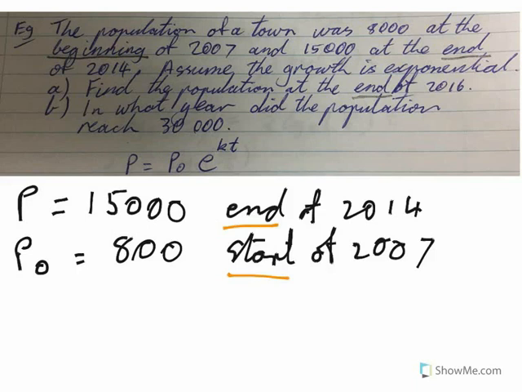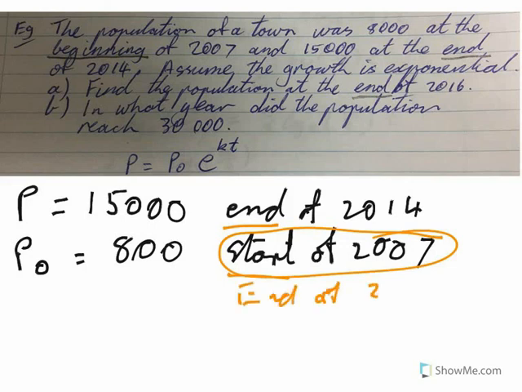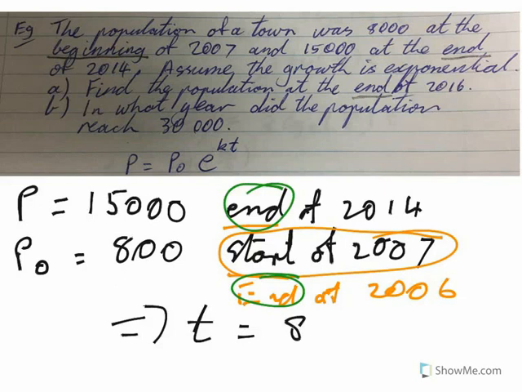So the start of 2007 is the same as the end of 2006. Okay, so now we've got two references that are common that we can work from. So 2014 minus 2006. So that means our time is 8 years.